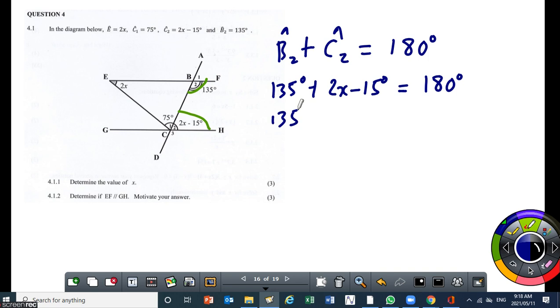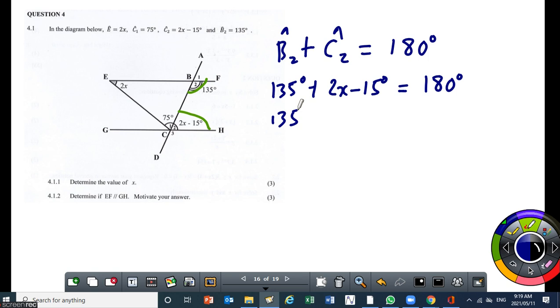Yes? I said for the reasoning it was angles on a straight line. You said B2 plus C2 is equal to 180 because they are angles on a straight line. Yes. That's not correct. All right. Am I speaking to Kisha?